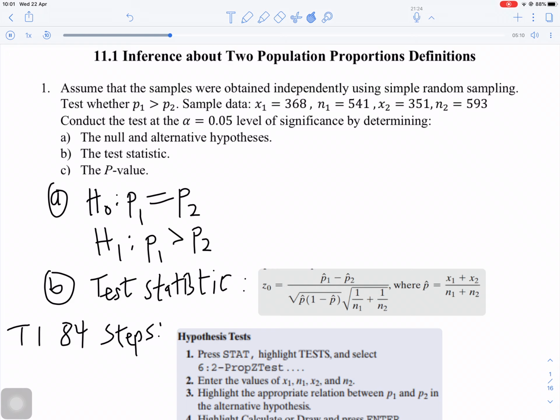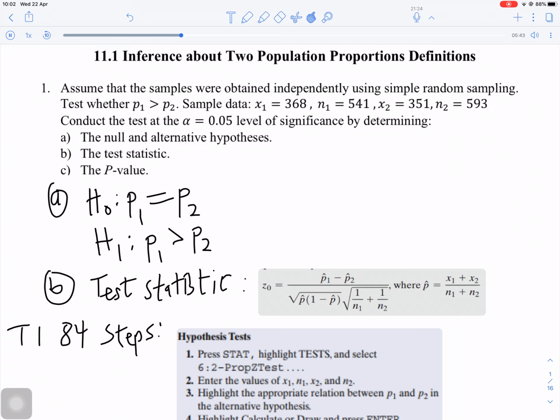All right, so coming to the very first question in this video, it says to assume that the samples were obtained independently using simple random sampling. So you have two different populations, and the samples are taken from them, where one sample is not influenced by the other. The researcher wants to test whether the proportion in the first population is greater than the proportion in the second population, so p1 is greater than p2.